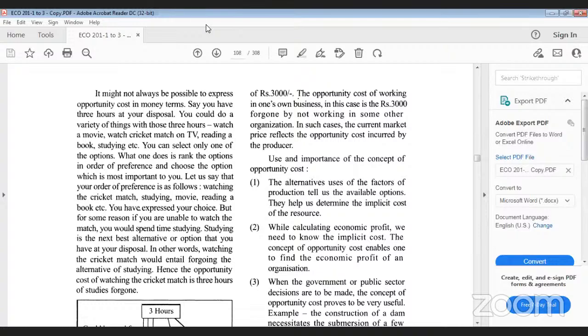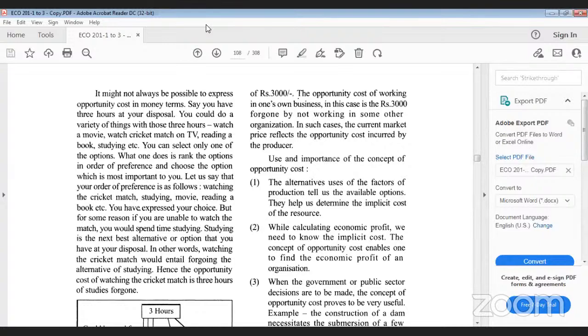Let us say that your order of preference is as follows: watching the cricket match, studying, movie, reading a book, etc. You have expressed your choice, but for some reason, if you are unable to watch the match, you will spend time studying, and studying is the next best alternative that you have at your disposal.